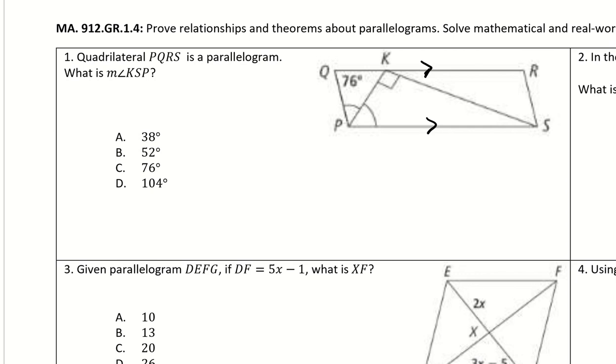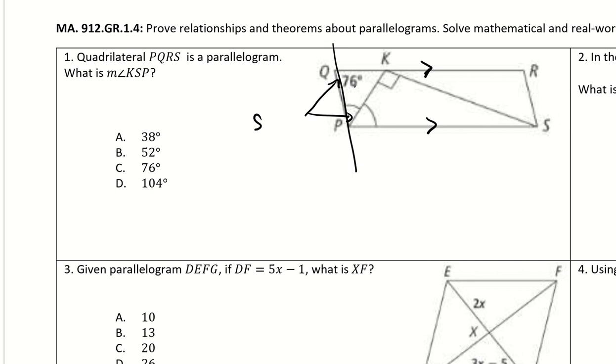That means that these two angles, this angle and this angle, if we think of this as the sandwich model, we got our parallel lines with the transversal. And so that means that these two are same side interior angles.